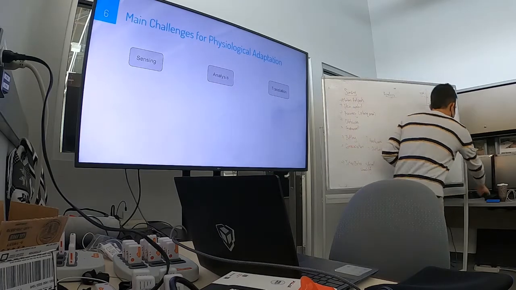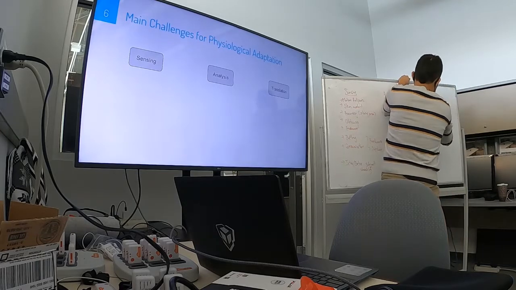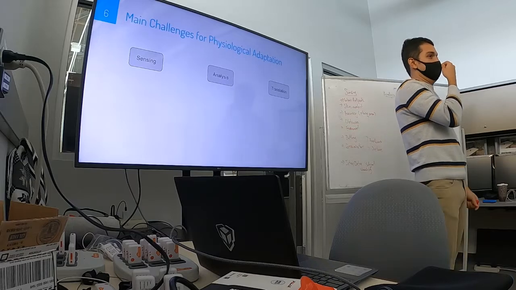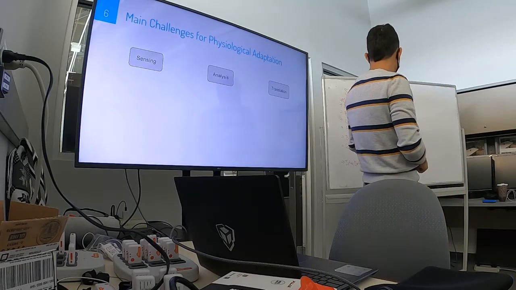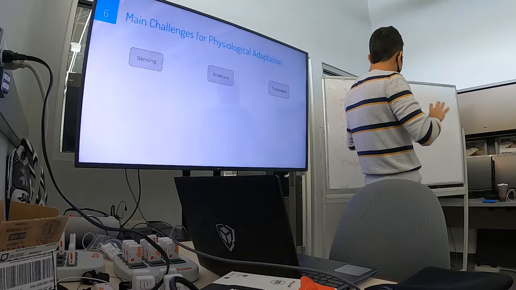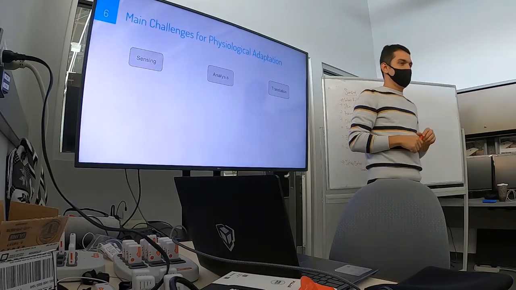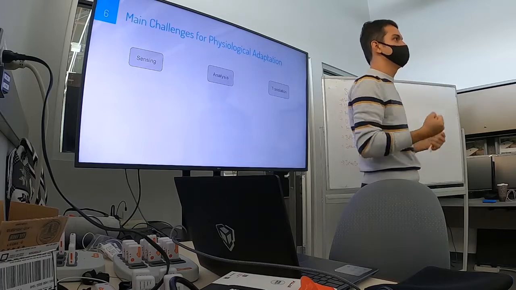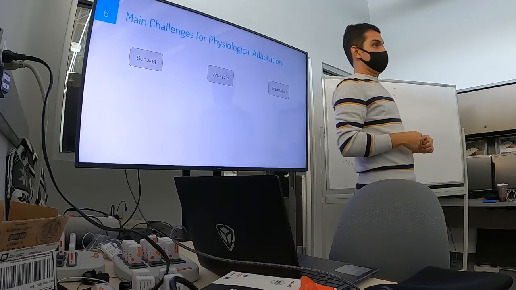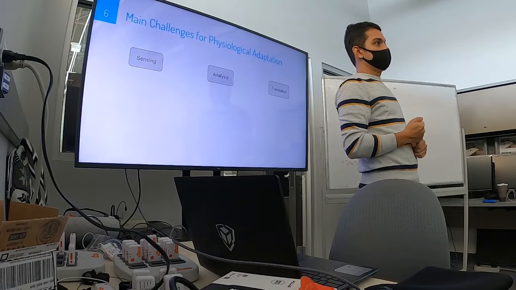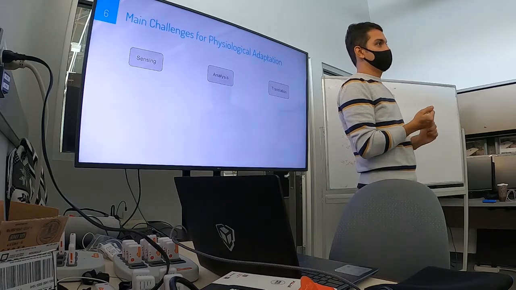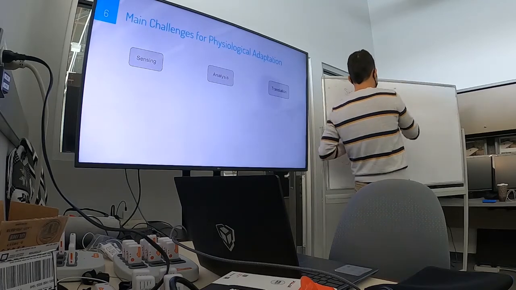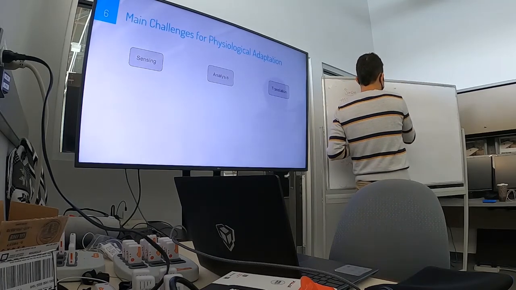So, analysis. We were just checking all the feature structure for IMU, EDA, and heart rate variability. What do you think, guys, are the most challenging aspects of analyzing these signals and trying to extract and choose? Feature extraction, selecting the appropriate window frequency. So the windowing? Yeah, that's always a tricky aspect to consider.